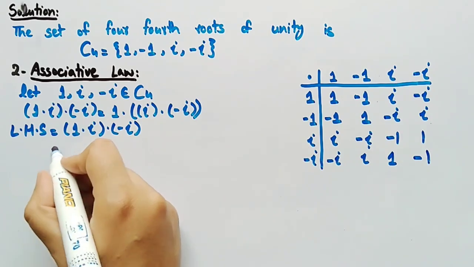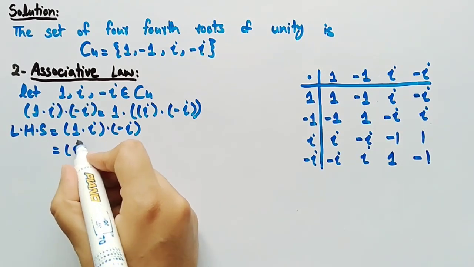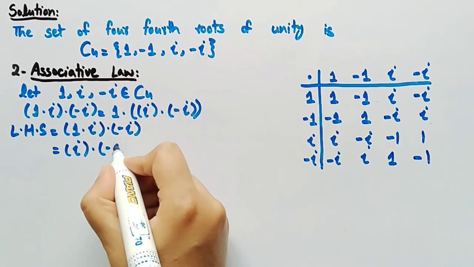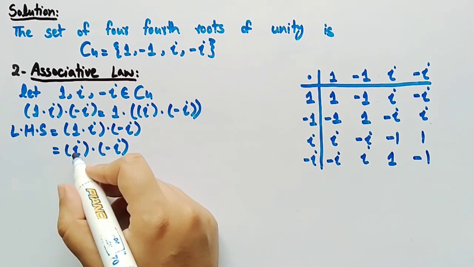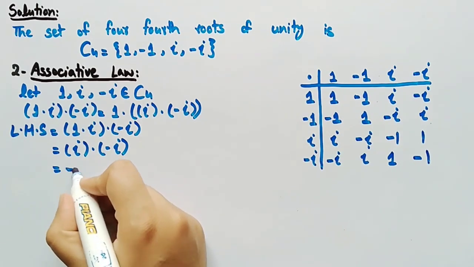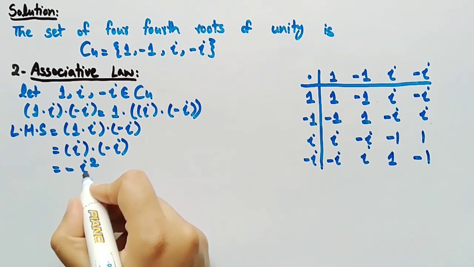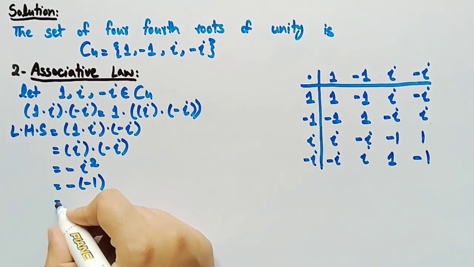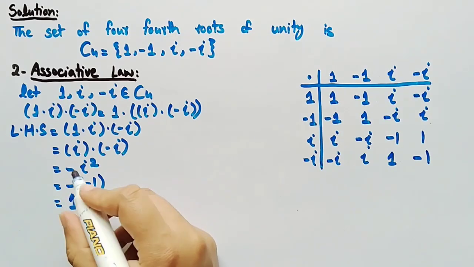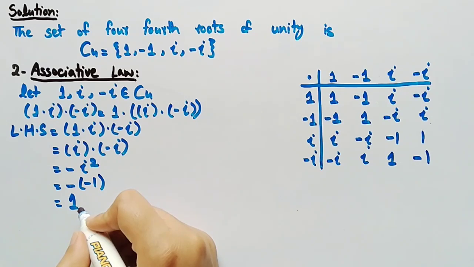1 multiplied by iota is iota. Iota dot -iota, that is -iota square, where iota square is equal to -1. So we get 1. So left hand side is equal to 1.